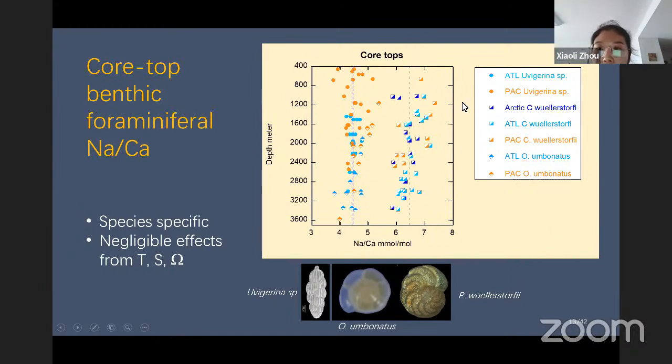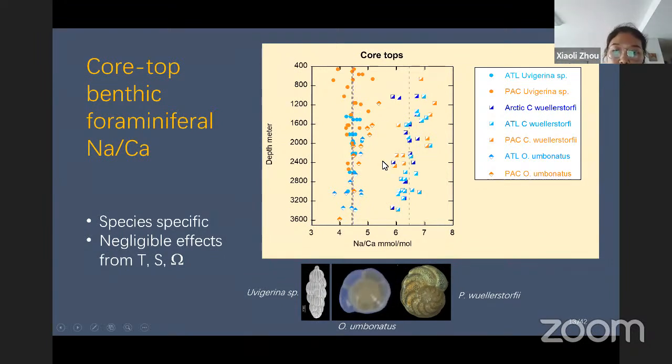And blue and orange represent samples from the Atlantic and Pacific Oceans, respectively. The data show that the sodium-calcium varies among each species, but generally we don't observe a strong change with other variables such as temperature, salinity, or carbonate saturation state.